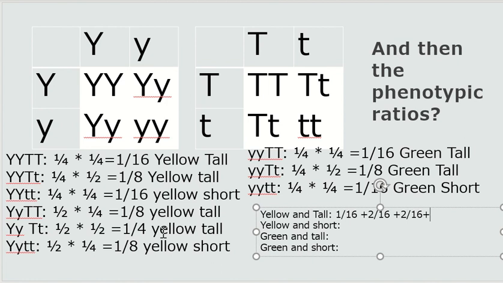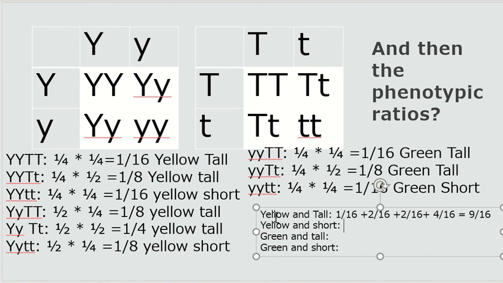This one is 1/4. So to get 16 is 4 times 4. So we need 4/16. And when we do our addition, we have 4 plus 2 plus 2 plus 1. So that is 9 out of 16.